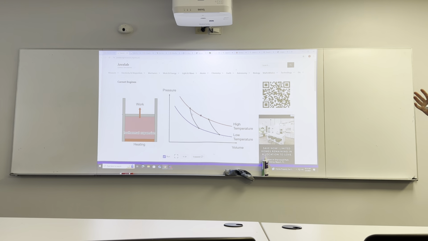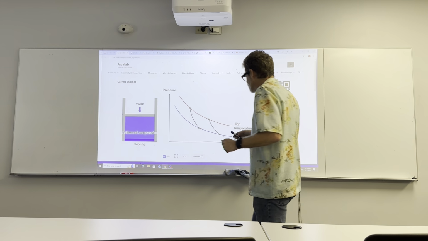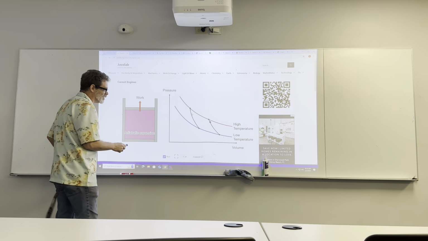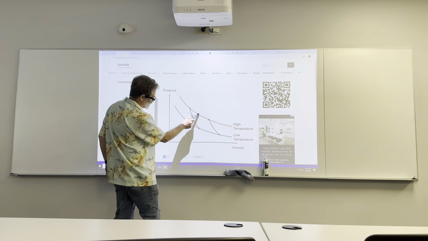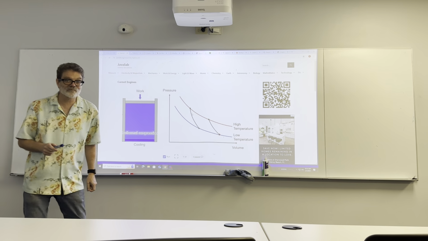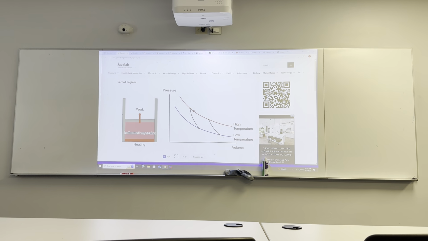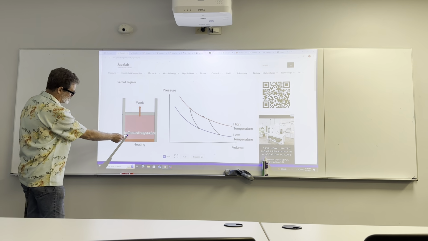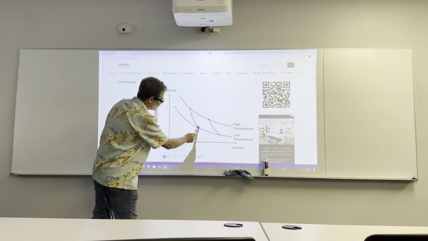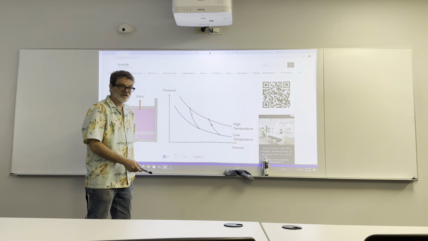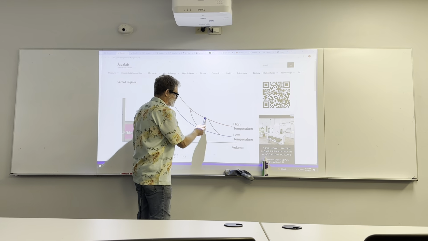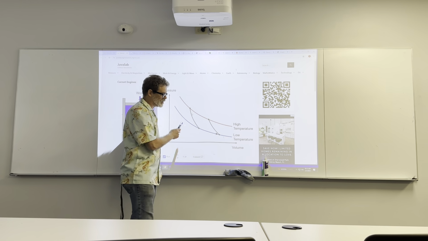Okay? And it's got 4 steps. You can see them here. You can see these two, this red and this blue, what are those? Isothermals. And these 2 steps are adiabatics. So it's 2 isothermals, 2 adiabatics. We're going around this way.